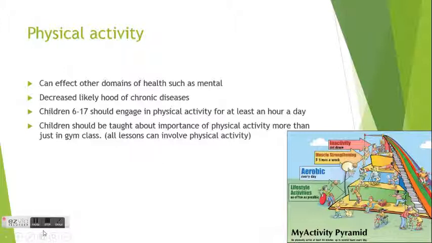Having physical activity can decrease the likelihood of chronic diseases, and children ages 6 to 17 should engage in at least an hour of activity a day. Even if there is no PE time or recess time in a school, every lesson can have physical activity implemented into it somehow, even if it's just running back and forth to do running math problems or something of that nature.